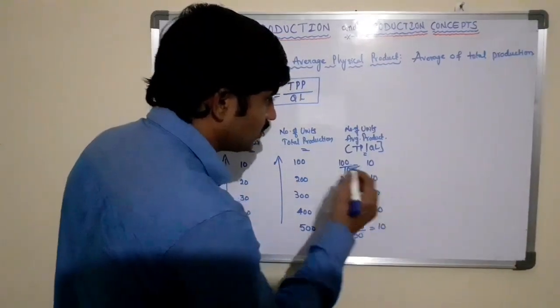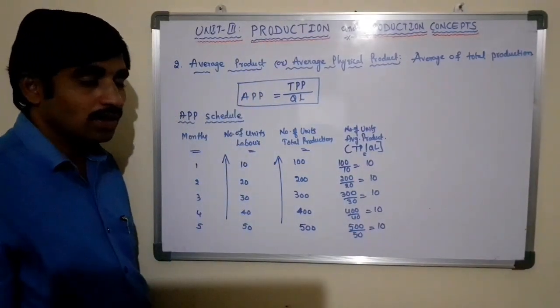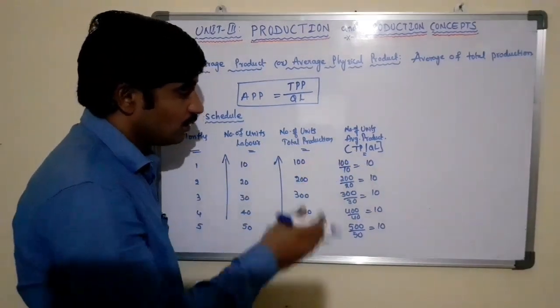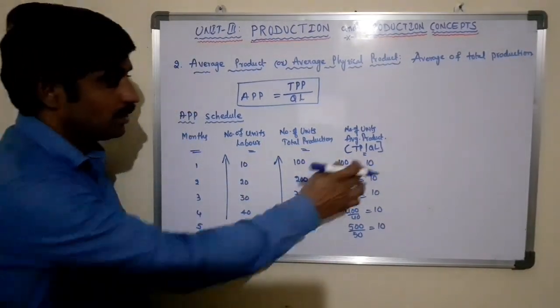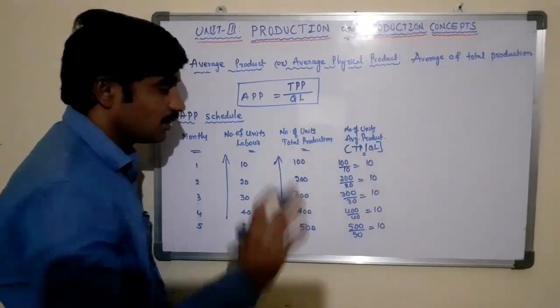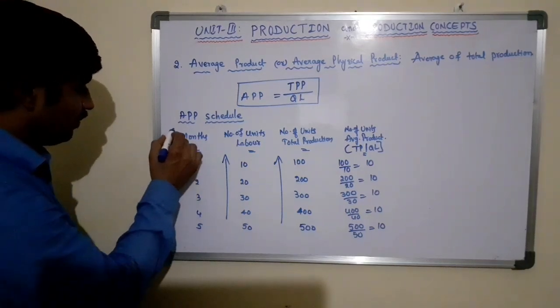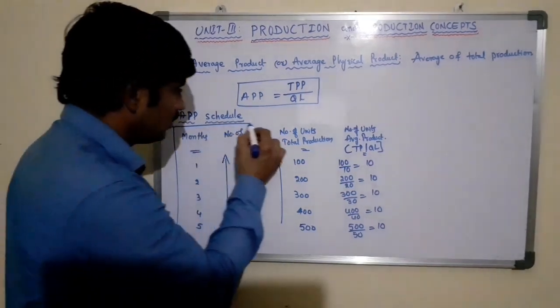Hence, the average product is always constant. So average product per unit of labor is 10 units.